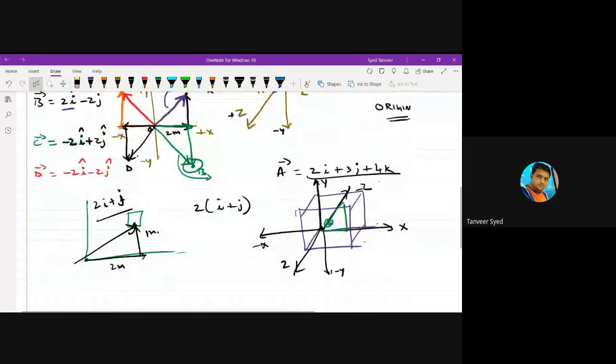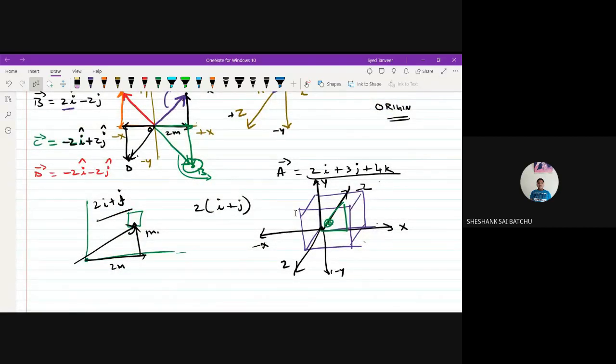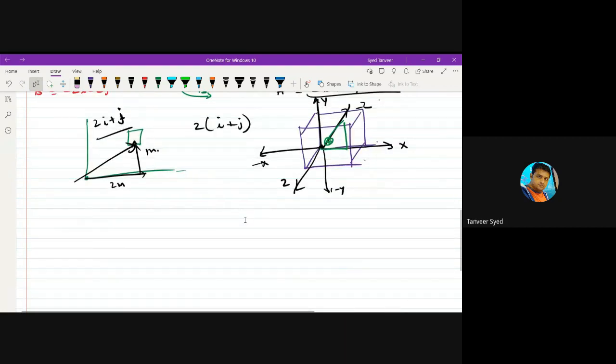Sir, you said the next one is null vector. Next one. Okay, we'll finish this also. It's a simple thing. The last type of vector is the null vector. Null means void, which is nothing. Zero.